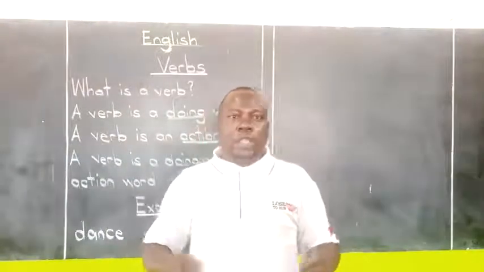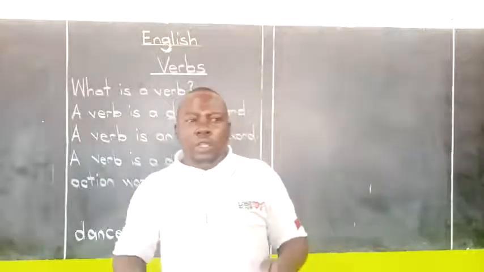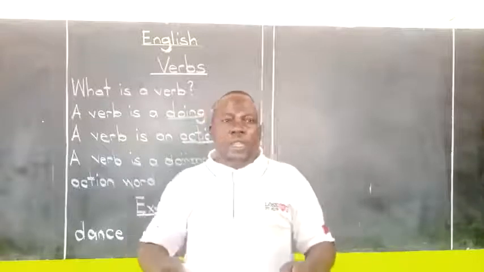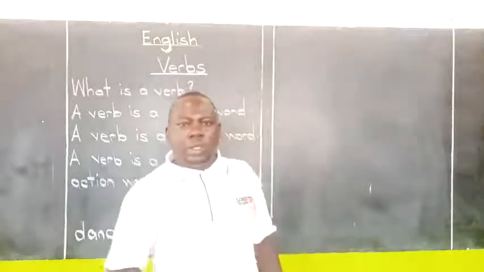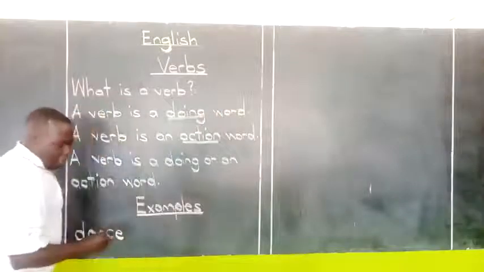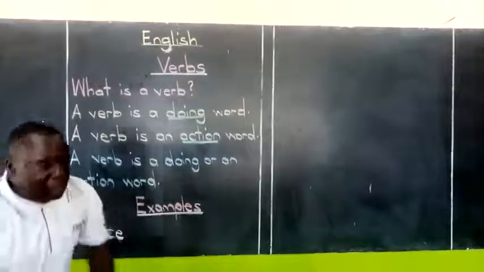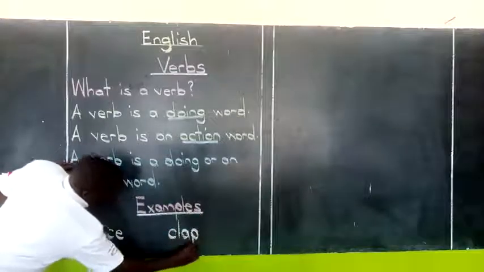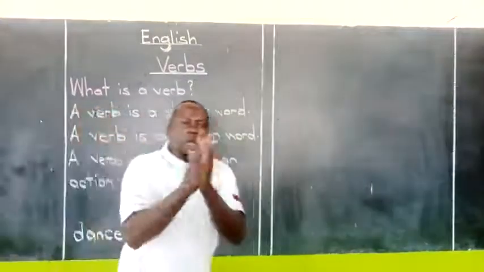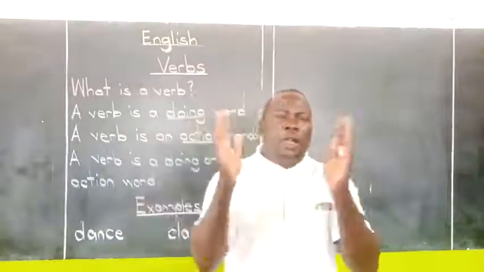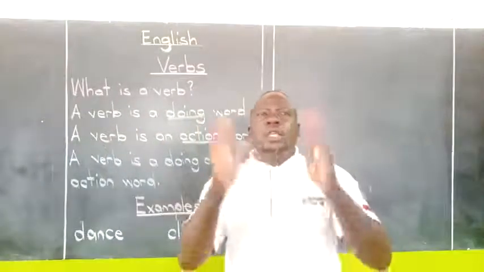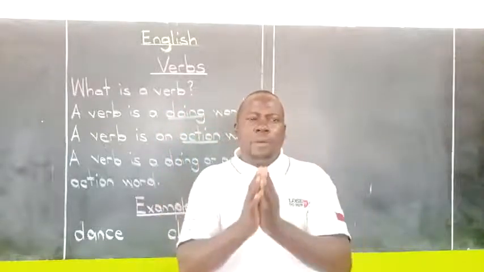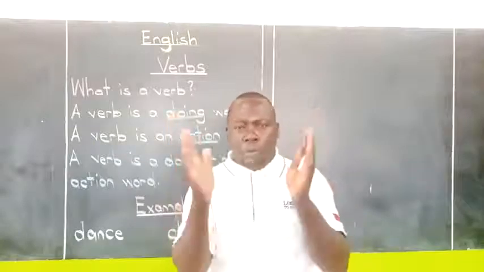Now I'm doing the action of that verb, dance. That is the action we are talking about. Two, we have clap. The verb and the action. That is why the verb is called an actioning word.